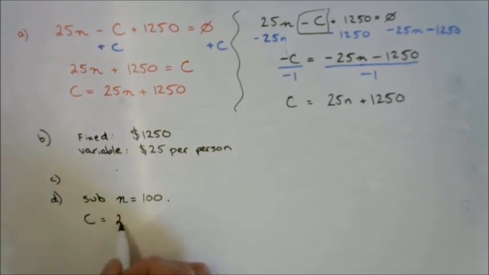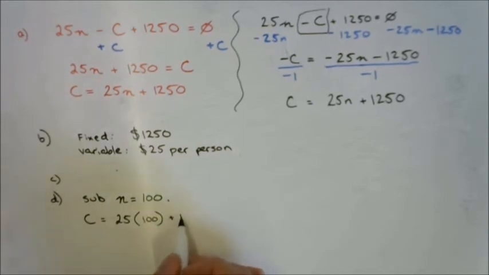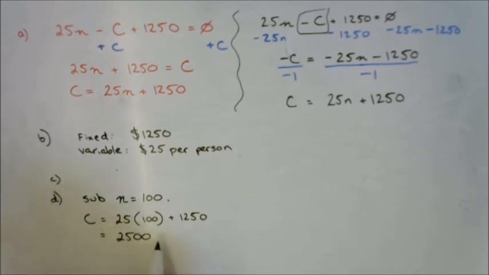C equals 25 times 100 plus 1250. 25 times 100 is 2,500, plus 1250 is 3,750.